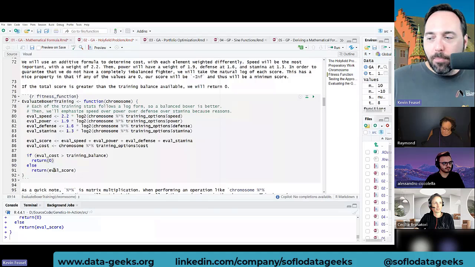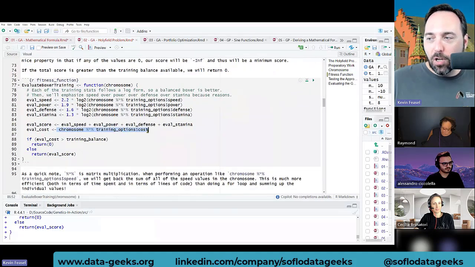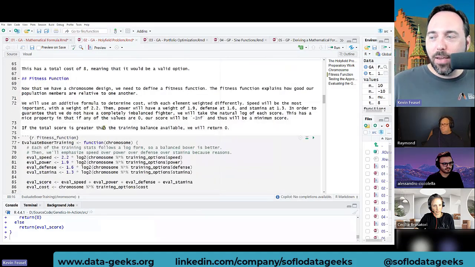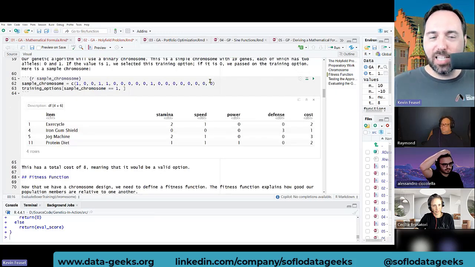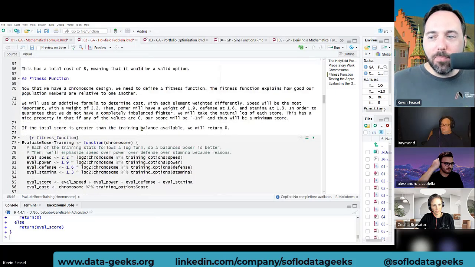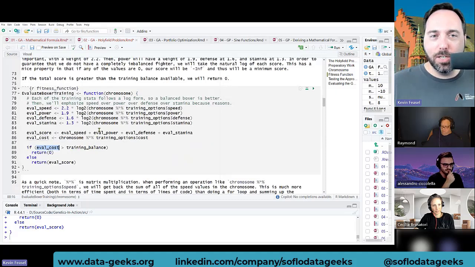I am doing some matrix multiplication of chromosome with my cost of training options because I also need to check here: what is my total cost of the options? Like, I could have a chromosome where I set everything to 1. Technically, that's valid. So I need to be able to control that in my fitness function and say, nope, you spent more than 8. That's an invalid result.